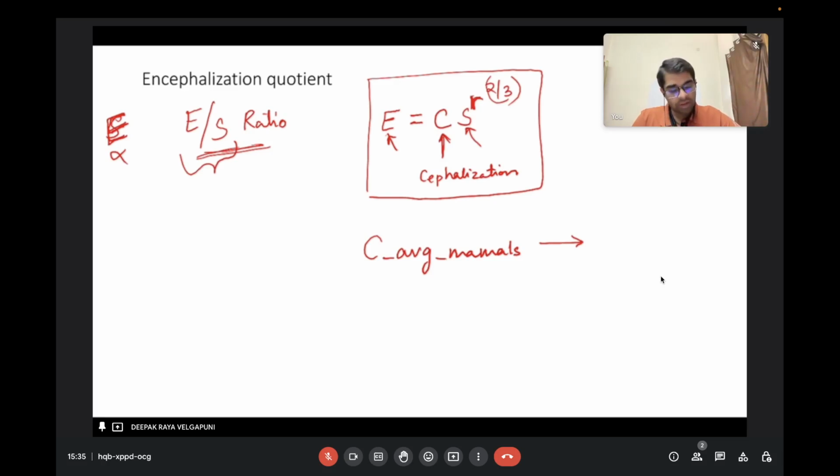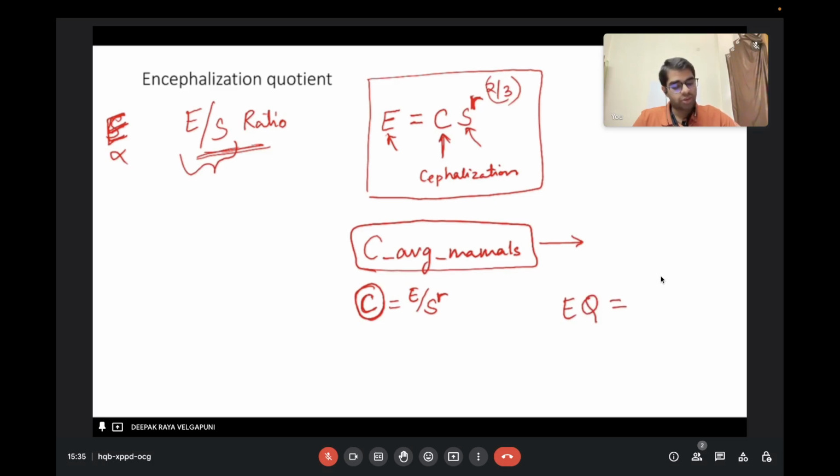Then for a given sample, for example a given person, you calculate the cephalization factor, which is equal to E by S to the power R. You have this for a given person or animal, and the average for that species. To compare how good they are, you make a metric called the encephalization quotient, which is nothing but the individual cephalization factor divided by the average factor of that particular group.